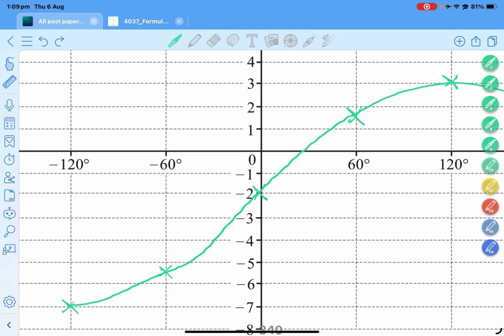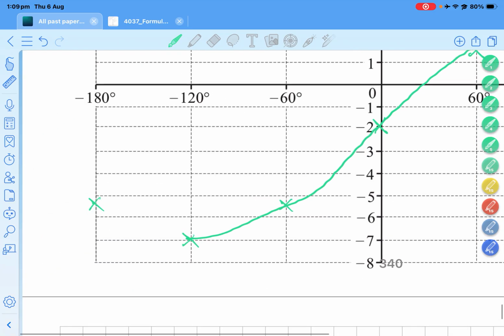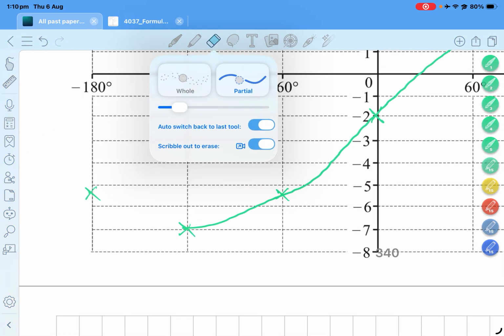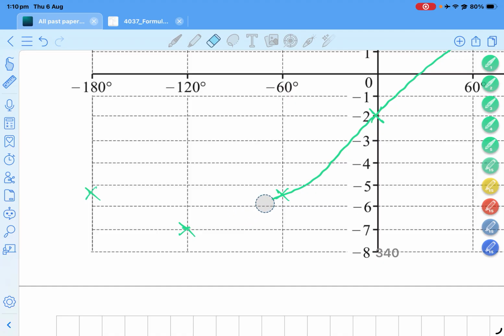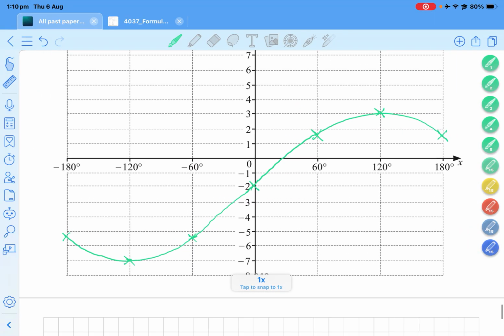So I think I should remove this part to be fair. So this goes like this, and this goes like this. You just need to join these two actually. Yeah, that would be acceptable enough.